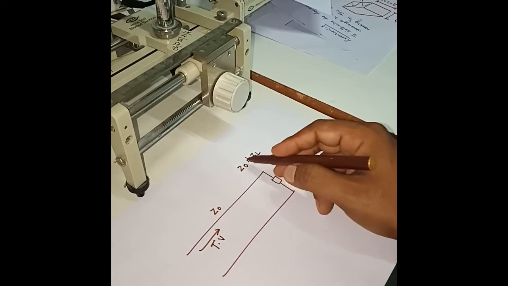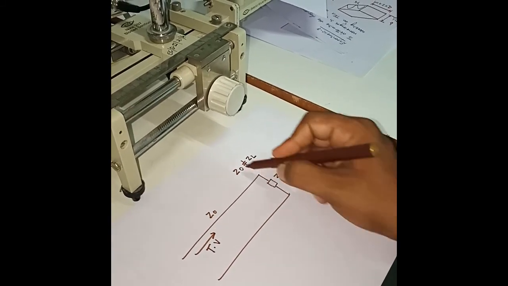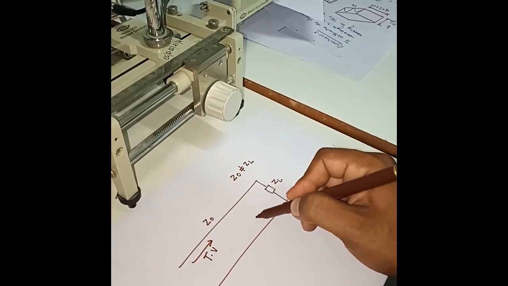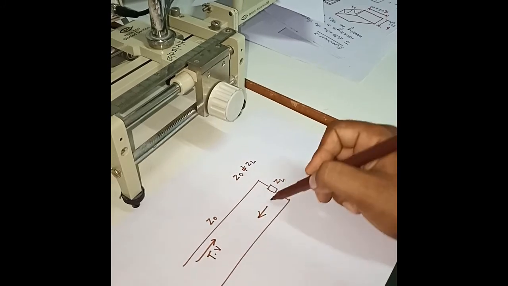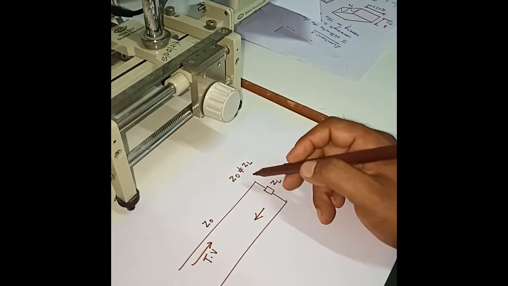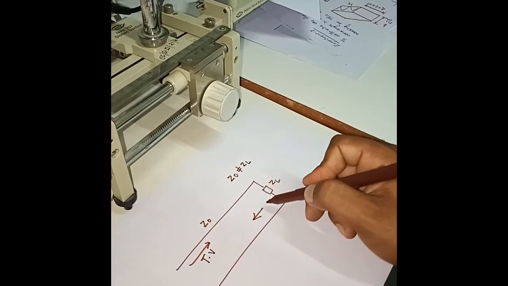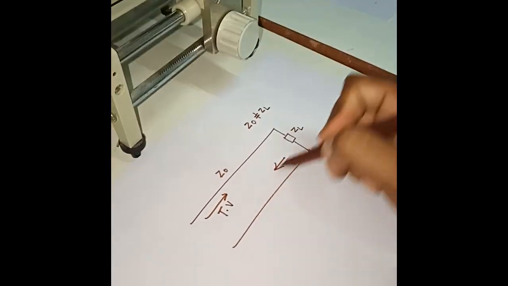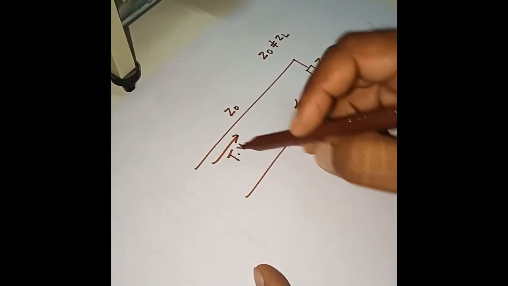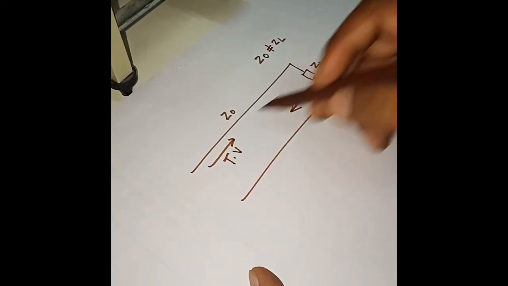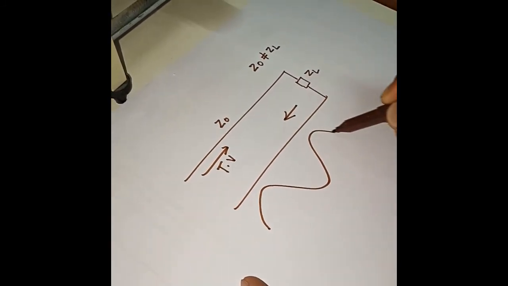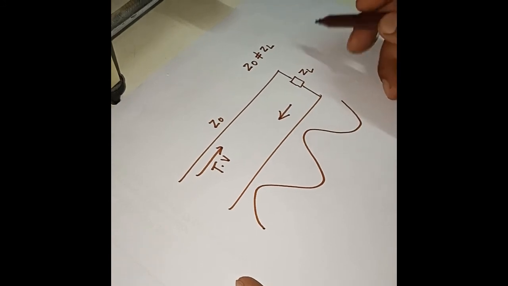Now there are two travelling waves inside our waveguide or transmission line. One is going in the forward direction and the second one is going in the backward direction. These two waves add at each and every point in the transmission line, and because of this addition a standing wave pattern forms along the transmission line.